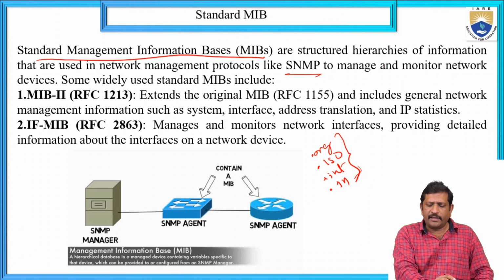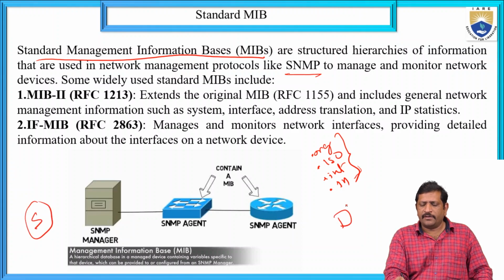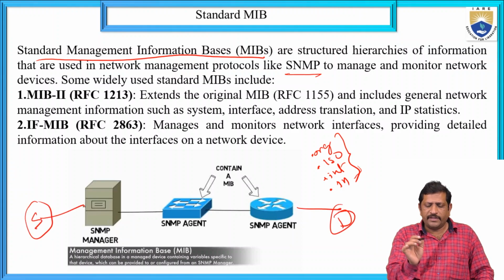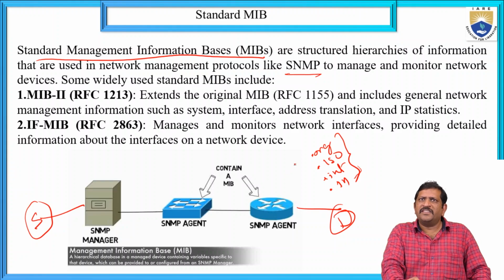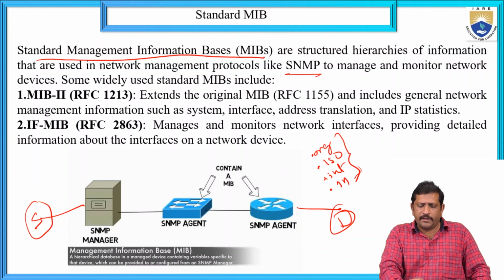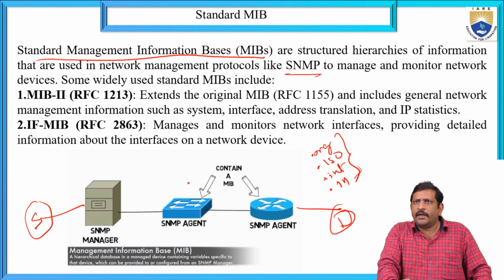Whatever network devices are there between the source and the destination, such as routers, switches or printers, can be monitored and managed, and information can be effectively transmitted between the two devices.